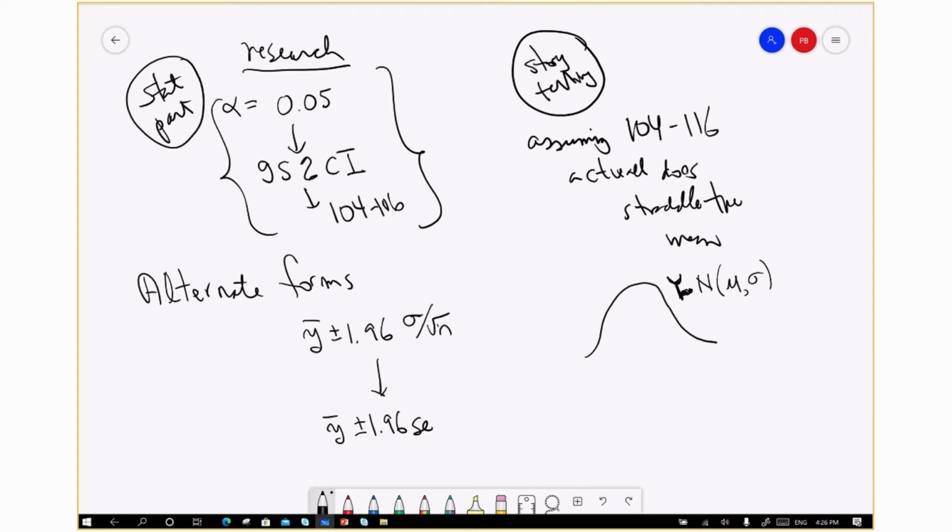If we considered all possible values of y bar, the sum of all the yi over n, what we would get is a random variable. Now we get our random variable capital Y bar, which is normally distributed with mean mu and standard deviation sigma over root n.